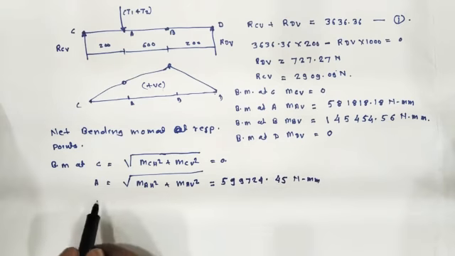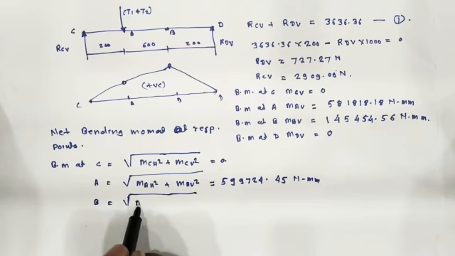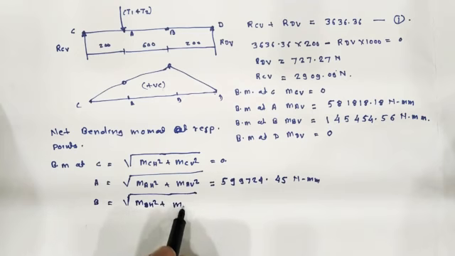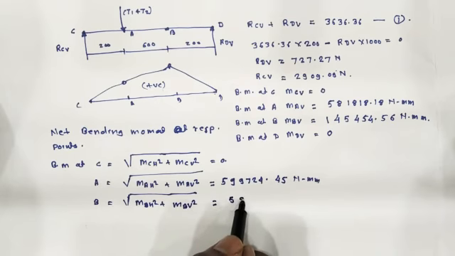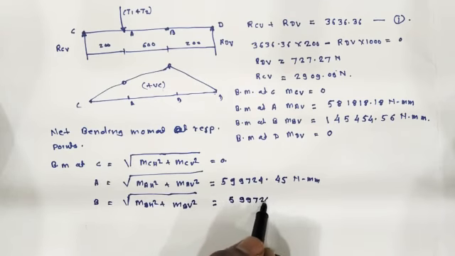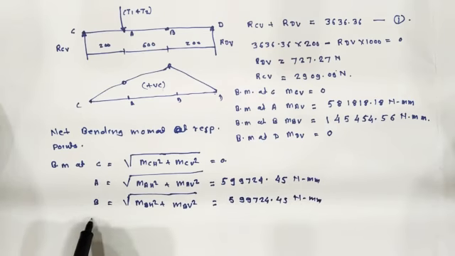Similarly, bending moment at B is the square root of MBH square plus MBV square, and again it comes to 599,724.45 Newton mm. And bending moment at D, again it is 0.